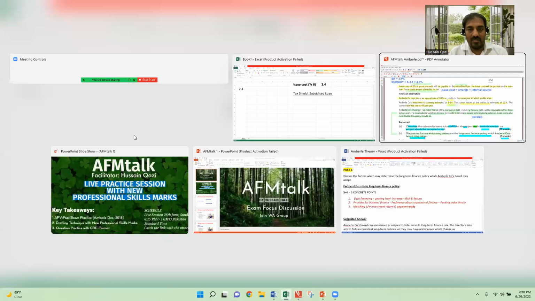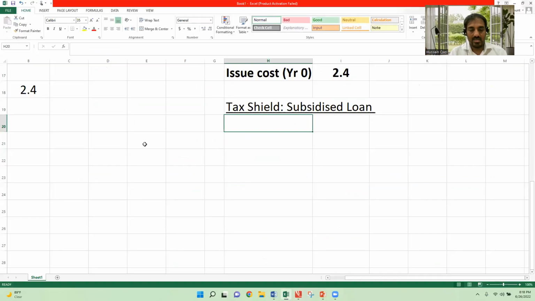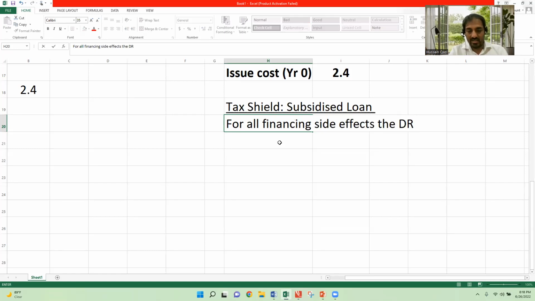Number one, for all financing side effects, the discount rate used here is the cost of debt. You can take another discount rate like risk free.